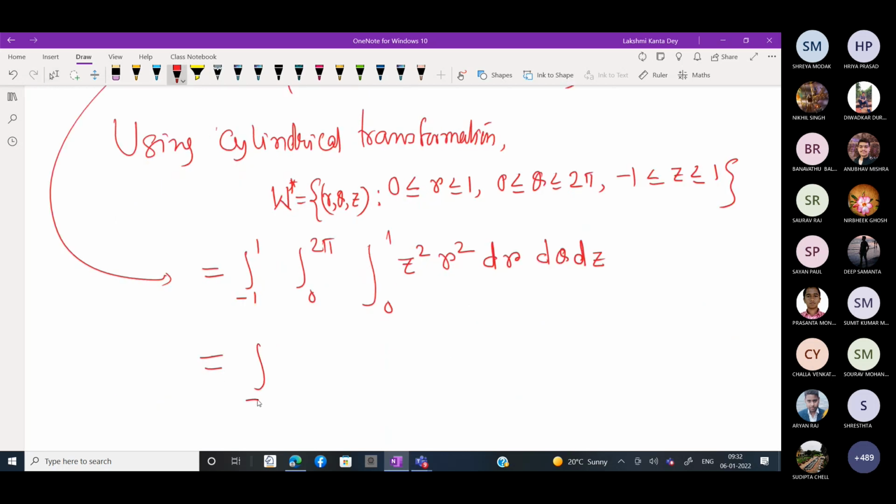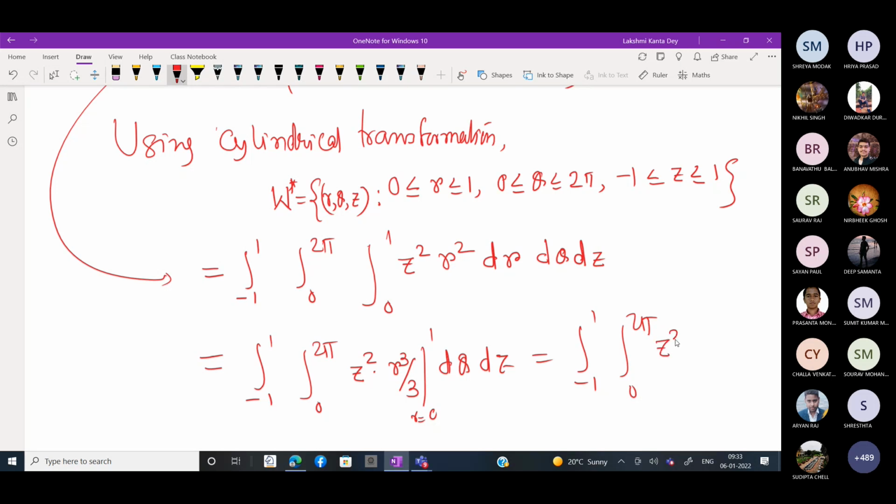So this is going to be equal to -1 to 1, 0 to 2 pi. So z square is kept intact. This is r cube by 3, and 0 to 1 is r. So d theta dz. So ultimately it will be -1 to 1, 0 to 2 pi, so it is 1 by 3 only.